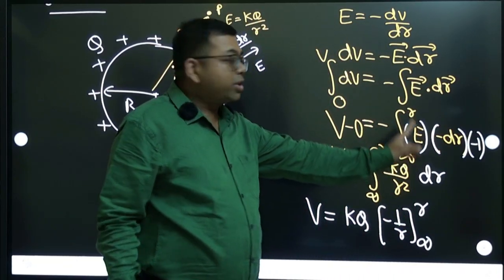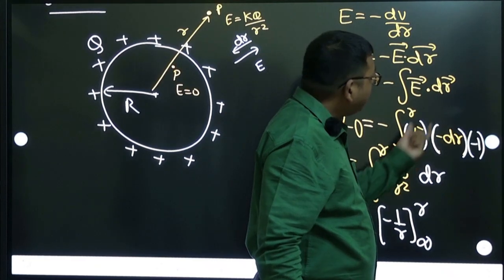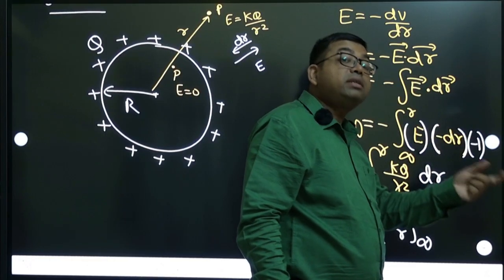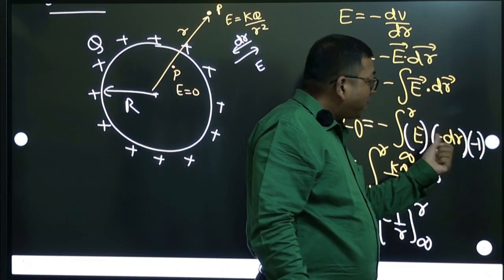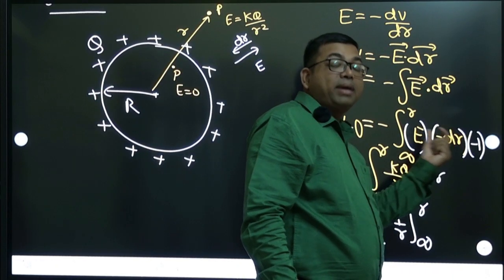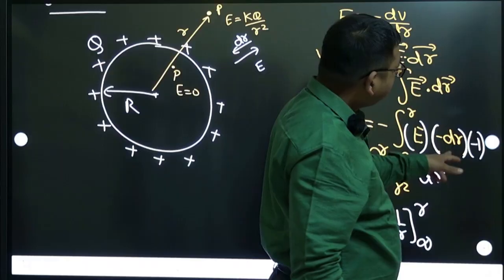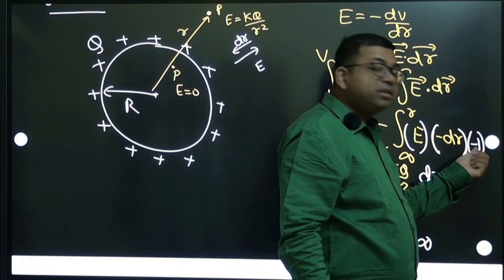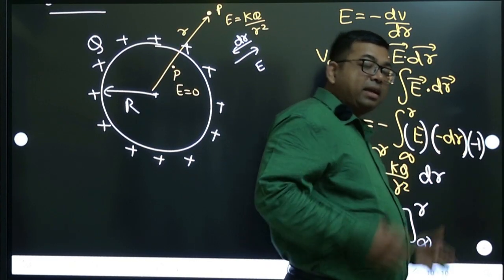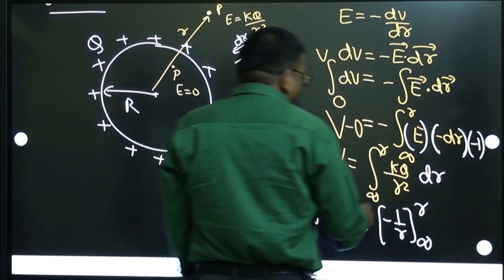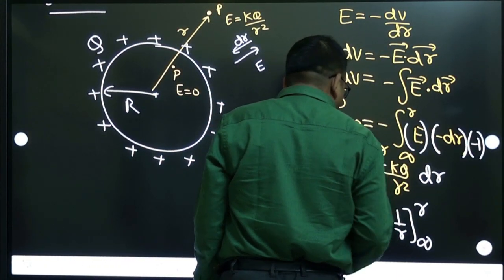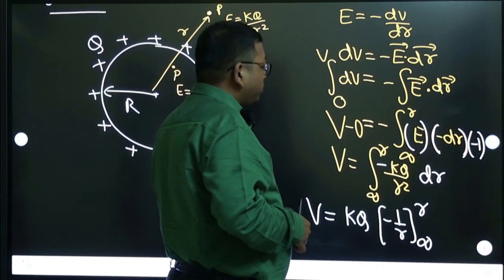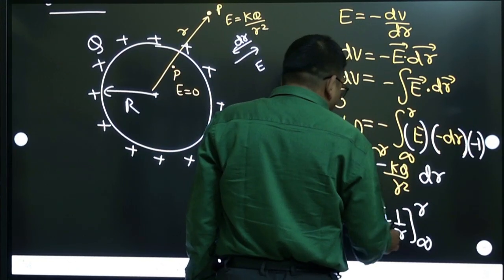Dot product means the magnitude of the field times the magnitude of dr, and the magnitude of dr is minus dr. So minus minus gives plus. Here is where people make mistakes, because of how signs are chosen.